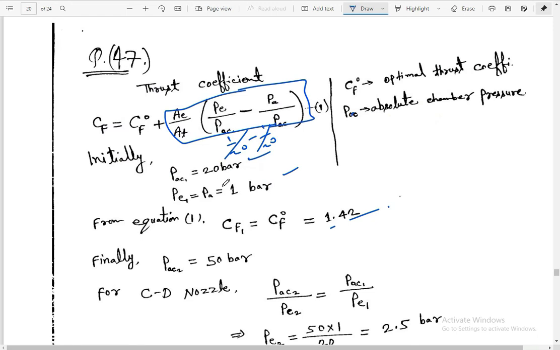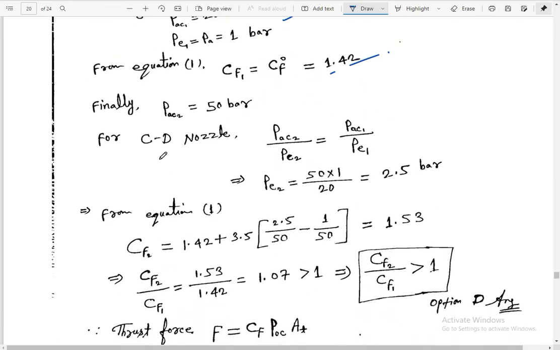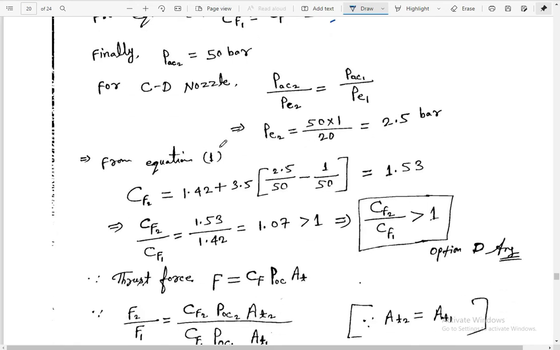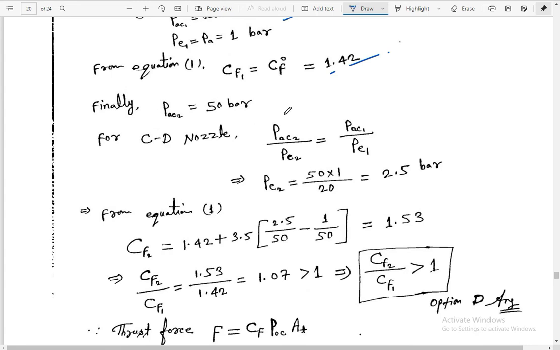Now the second rocket, the absolute chamber pressure is given as 50 bar, and for the convergent divergent nozzle we know that in this condition PAC2 by PE2 equal to PAC1 by PE1.